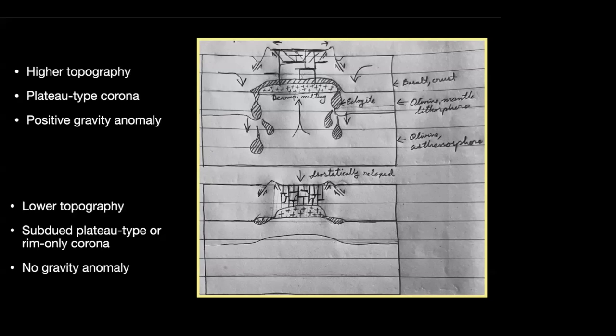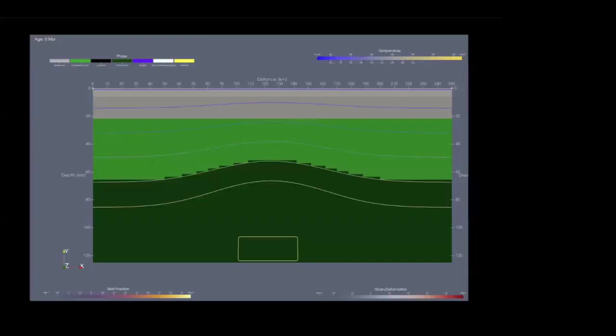The topography lowers, the boundary troughs, which are being sustained by this downwelling, disappear. And the free air gravity anomaly goes to 0, and the Bouguer should go to 0 as well as you get rid of the dynamic downwelling. So this is the idea.